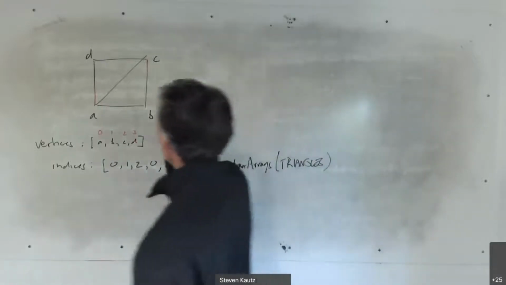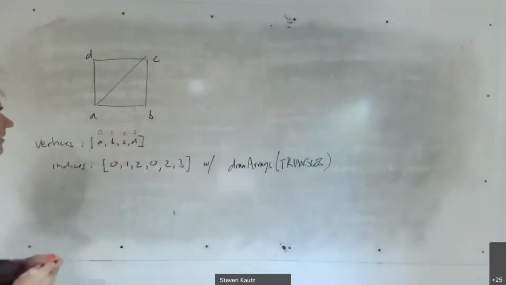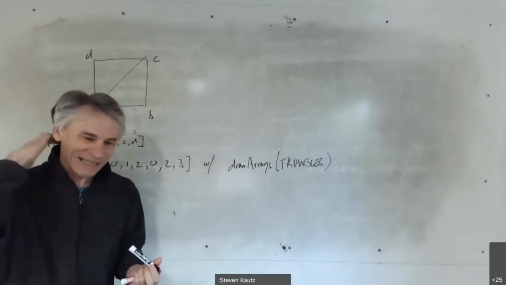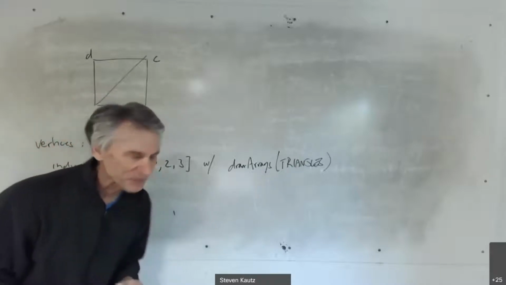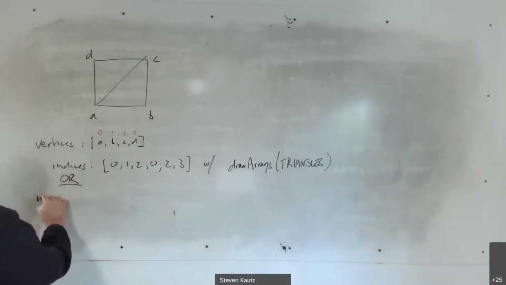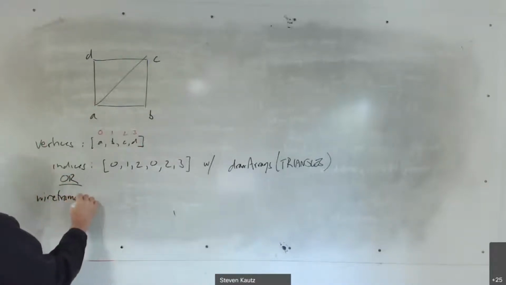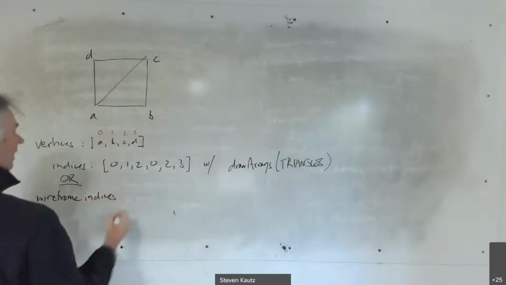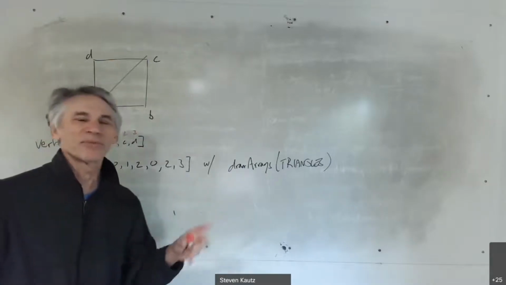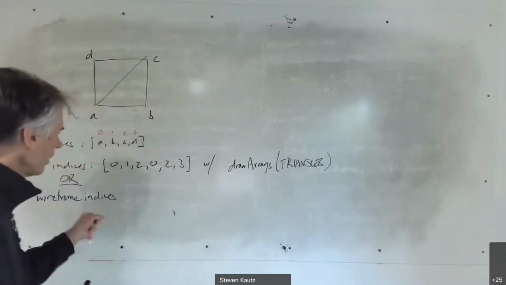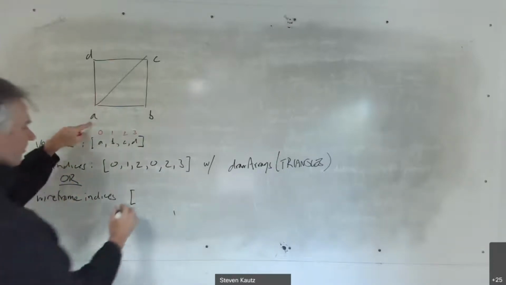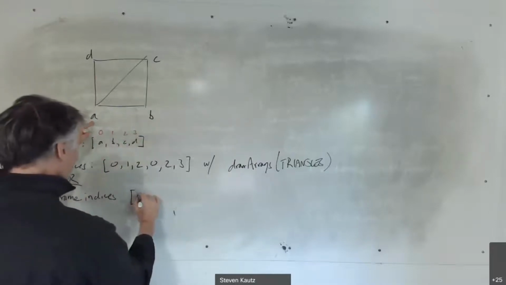Now, suppose you wanted to generate a wireframe. Now, you can't just do the same thing and say draw arrays with lines, because that isn't going to get you the right lines. So you could say wireframe indices, and you would just take each pair. I mean, this is the simplest thing if you're going to generate this programmatically. You would just take each pair and put in 2 indices for the beginning and end of each line. So you would take, for example, A to B would be 0, 1.